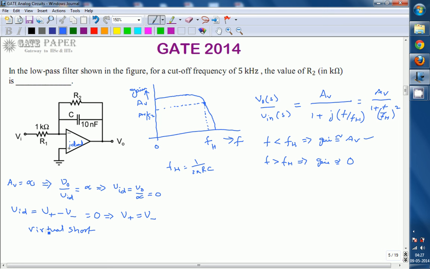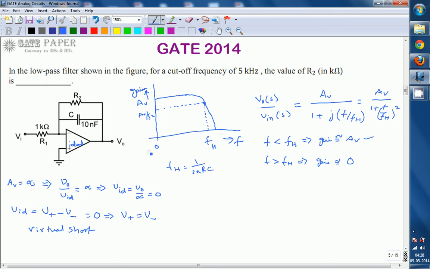In a normal short a very large current flows, but in a virtual short no current flows between the terminals even though the voltages are the same.